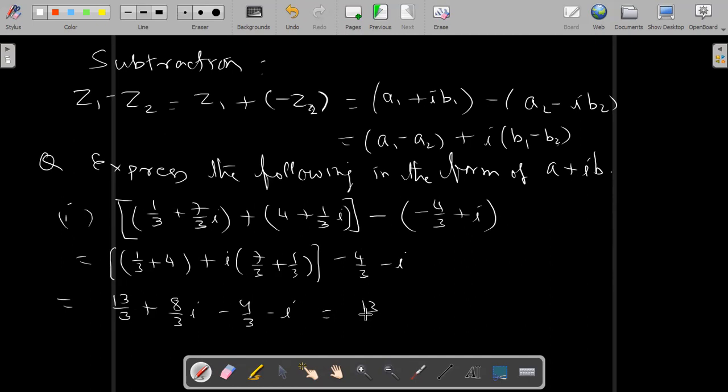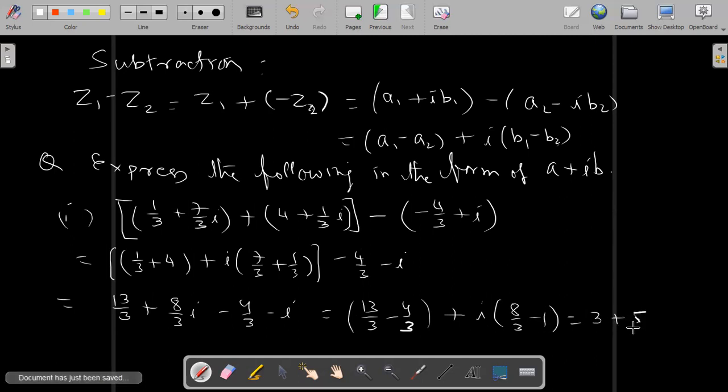That means we can write 13 by 3 minus 4 by 3, real part together, and imaginary part is 8 by 3 minus 1. So 13 minus 4 is 9 by 3, and 8 minus 3 is 5 by 3 iota.